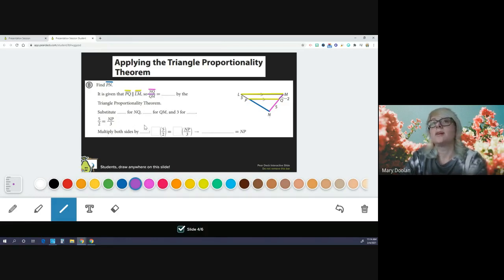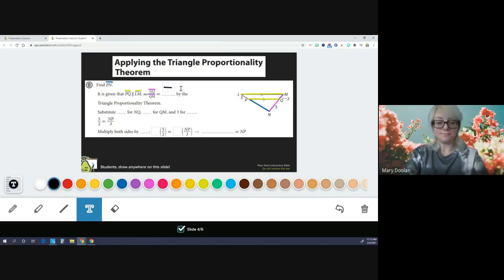And then we're going to write the other half of this ratio, I'm sorry, of this proportion. So here's my fraction bar, and I need to put something in the numerator and something in the denominator. All right, and so just going off of our theorem, we want to put this blue segment, PN, in the numerator. So then I'm going to grab the text tool here and type PN.